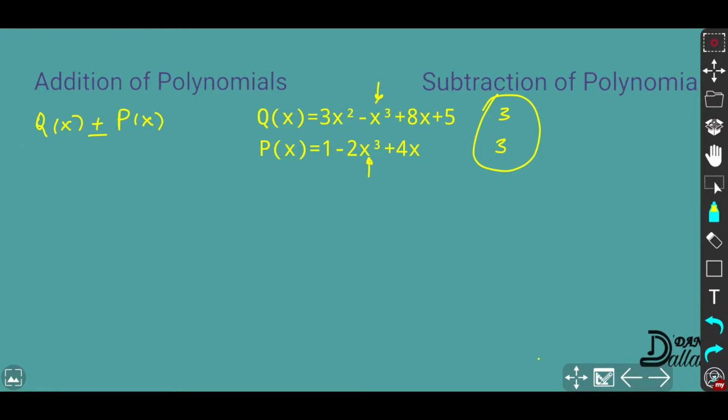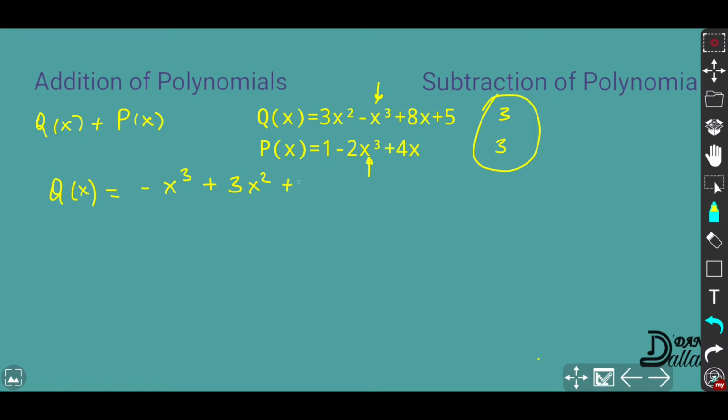So now we're going to add them, and that means we will consider addition. How to add them efficiently? It's better to arrange in decreasing order. So write each polynomial in standard form. Q(x) is simply minus x cubed. The next term goes with the power of 2, 3x squared.